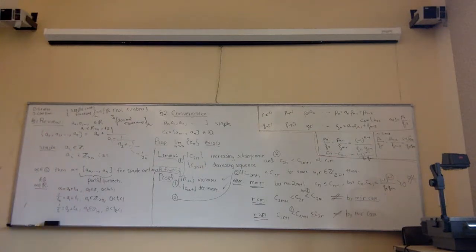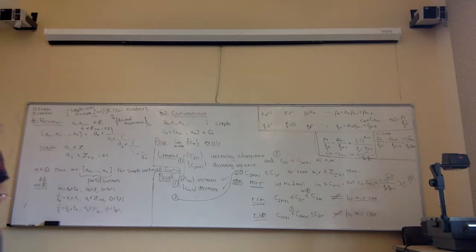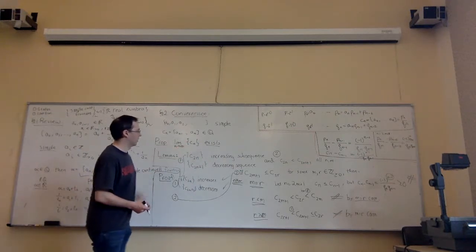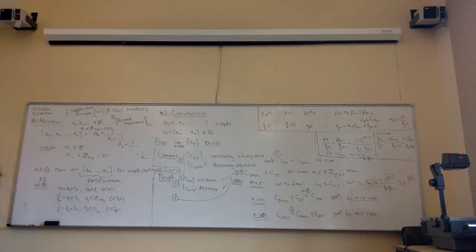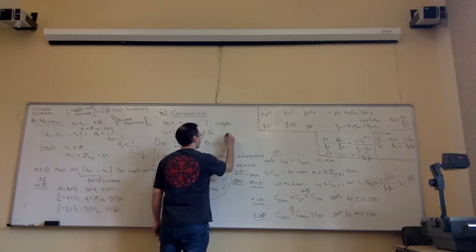Alright, so let's prove the limit exists. And for this, we're just going to note that the c's get closer and closer to each other. Okay, so let's finally prove this.